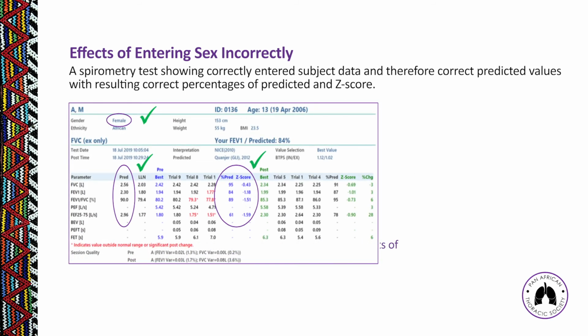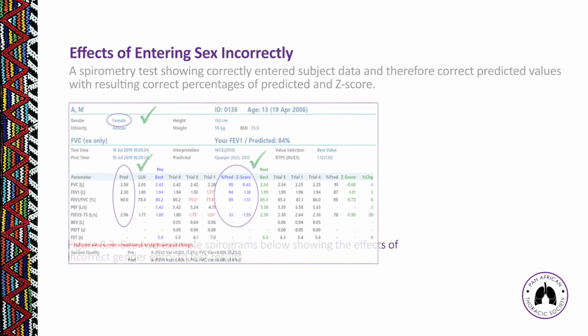In the first spirogram, the child is entered as female, and you can see the predicted values are 2.56 and 2.30, and the Z-score correctly is minus 0.43 for FVC and minus 1.18 for FEV1.